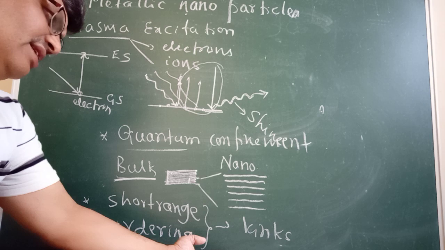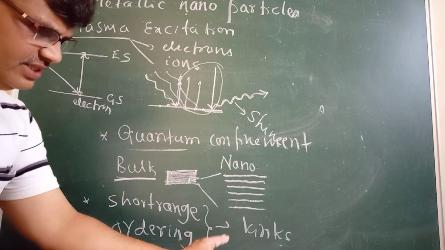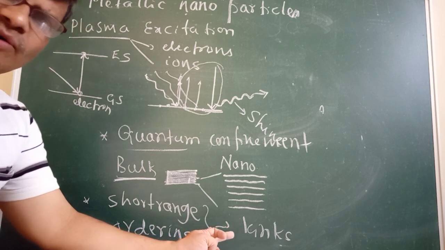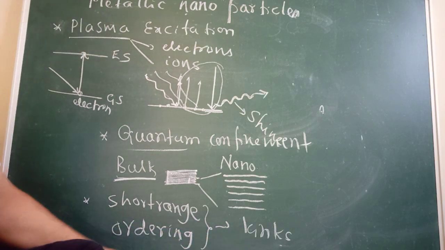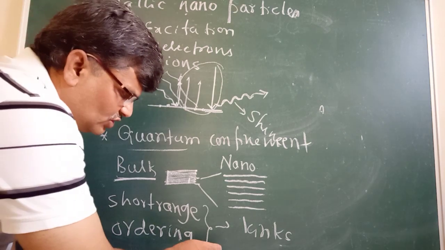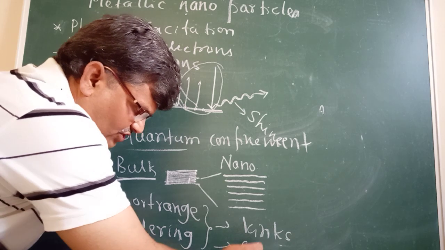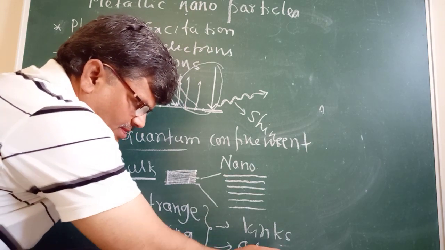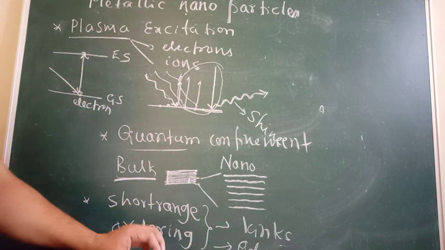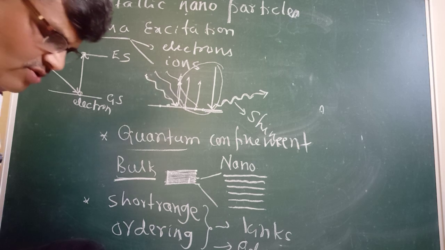In this, the atomic arrangements are observed on the surface. These low coordination sites contain corners and edges, and are observed in the case of metallic nanoparticles.